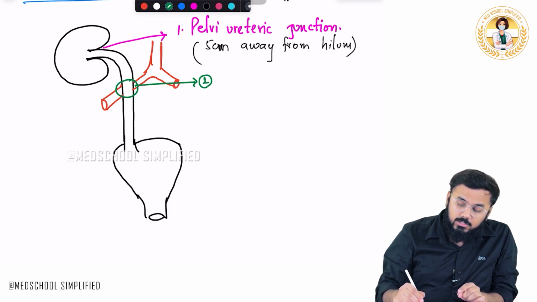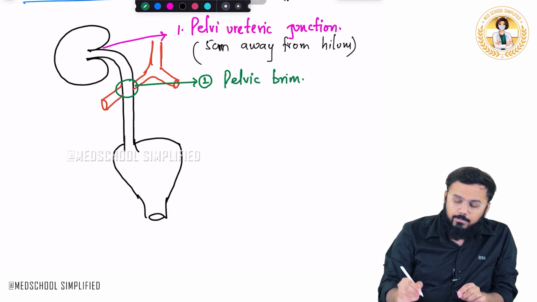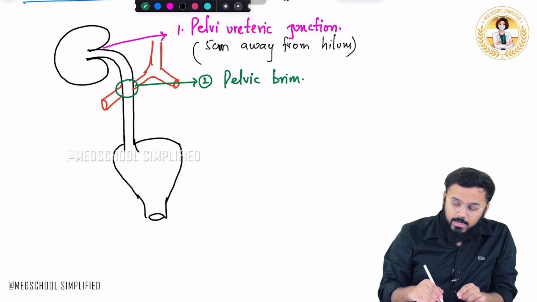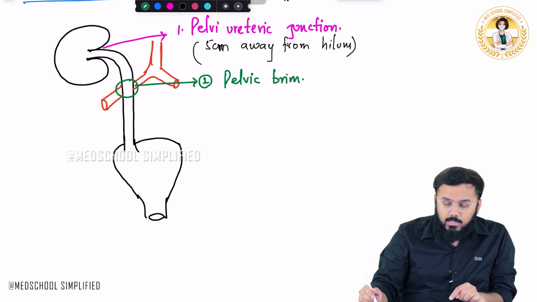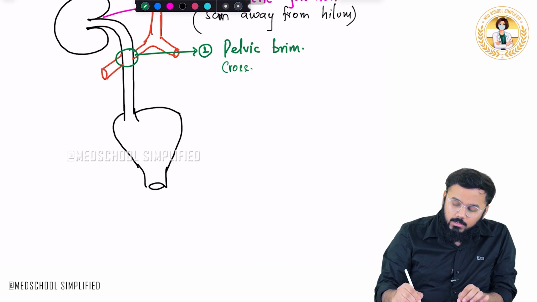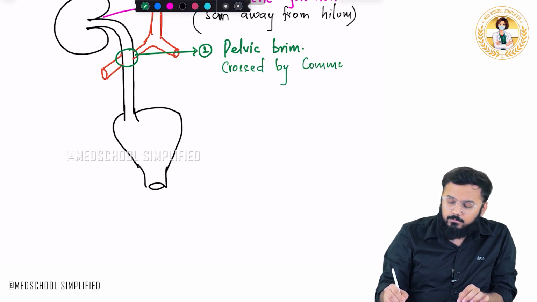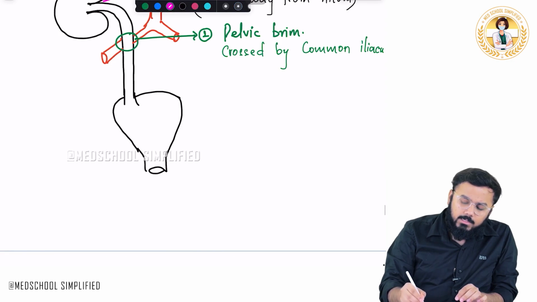It is happening at the pelvic brim. What structure is crossing at the level of the pelvic brim? That is the common iliac artery. So the pelvic brim is crossed by the common iliac artery.